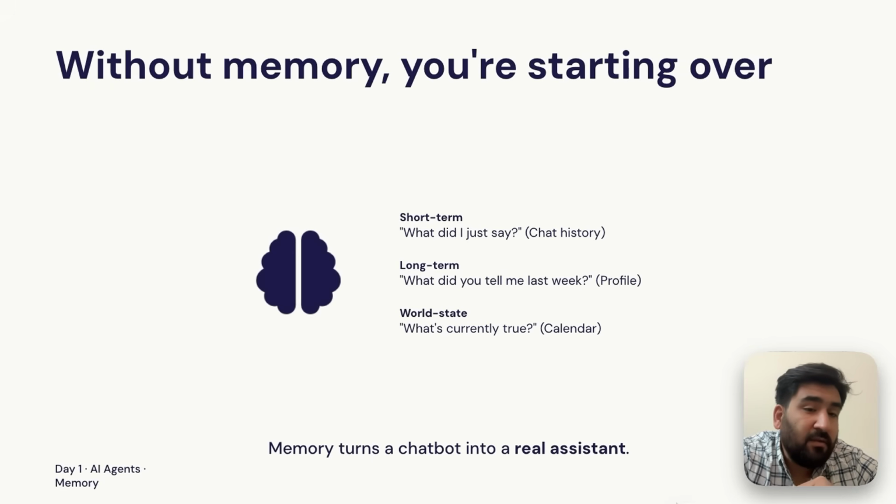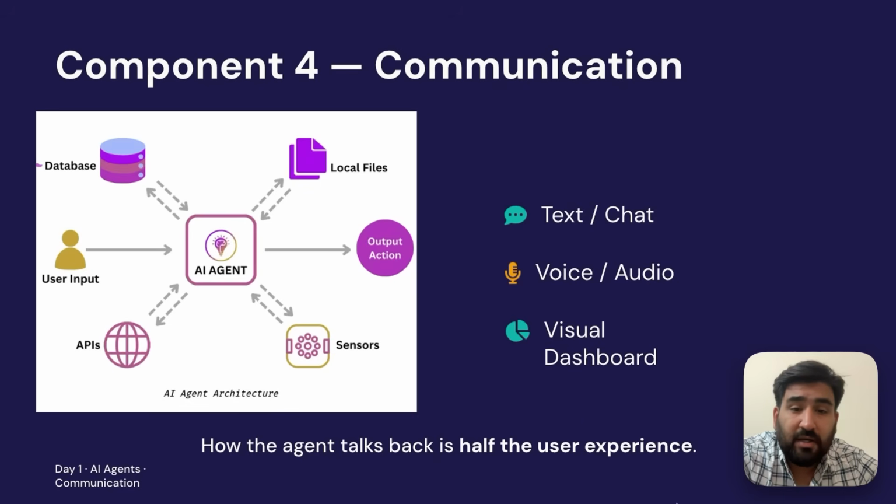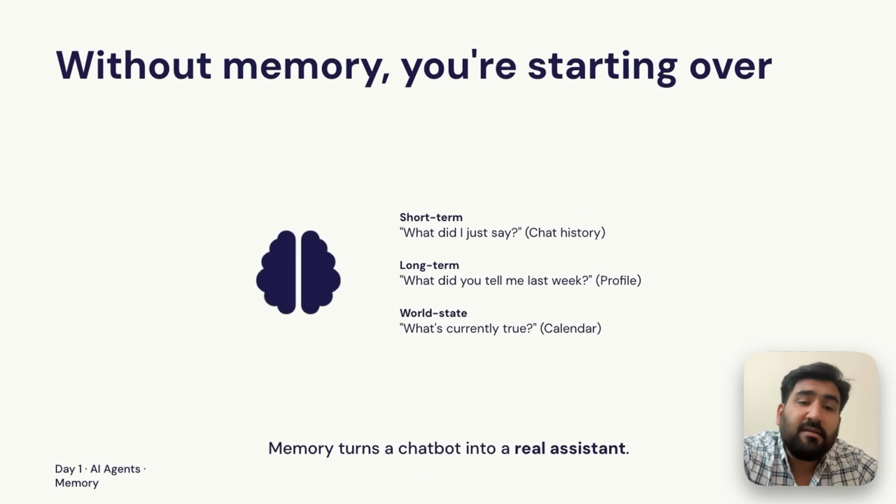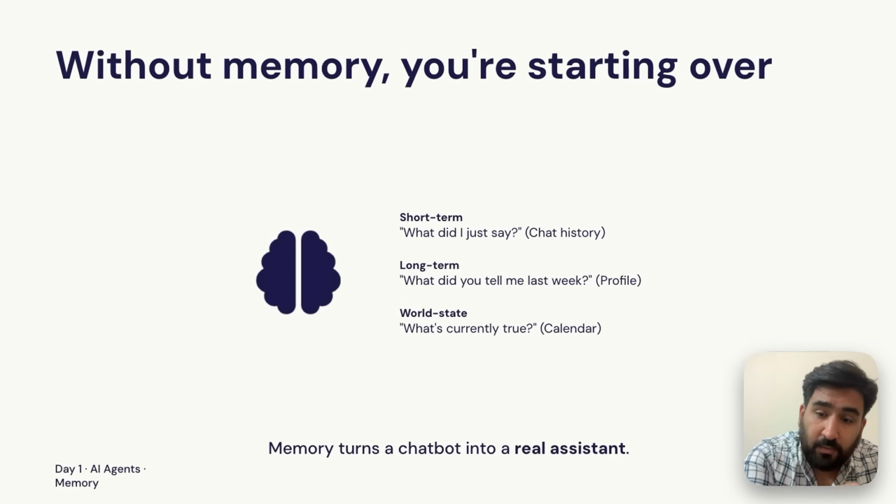With world state memory, what is true in the world right now, your current calendar, your current inventories, your stock price, and so on, these are things that make agents real assistants. Okay, so depending on whatever problem you're solving, whether you want memory, long term, short term, or with the world state, that's a decision I leave to your project. But this is the concept of memory, how it is supposed to work.